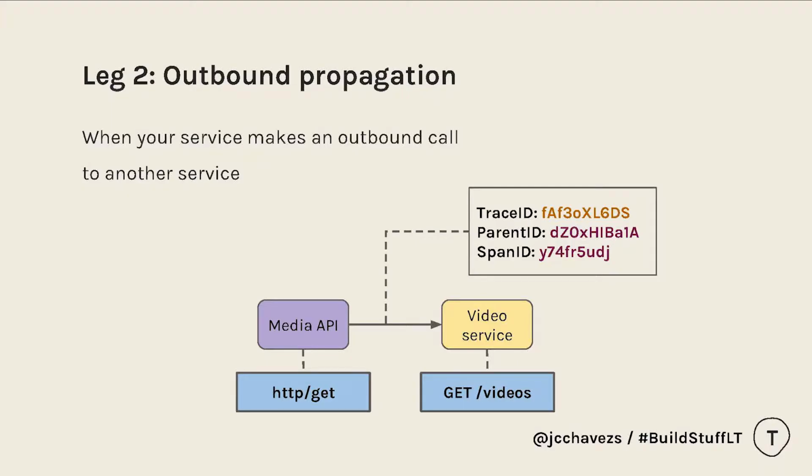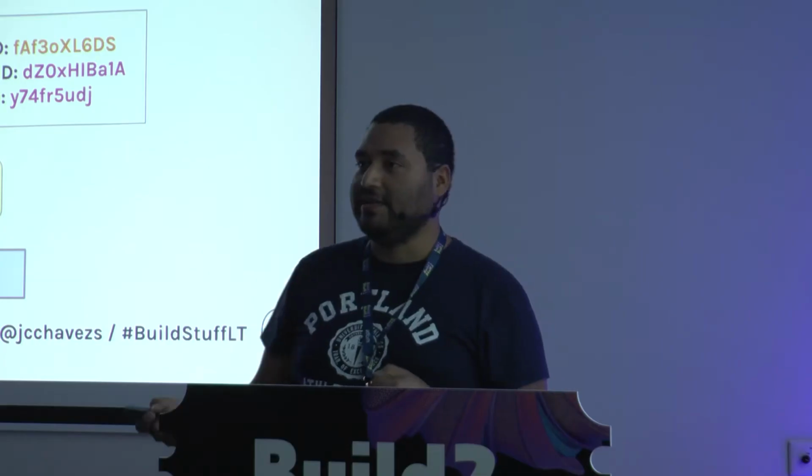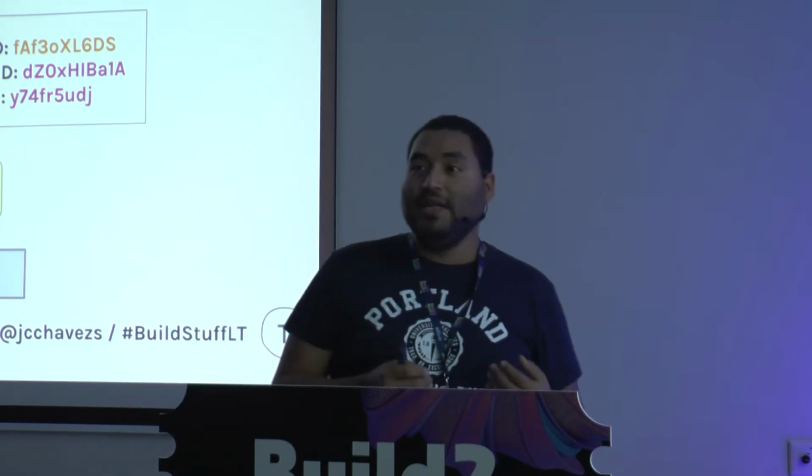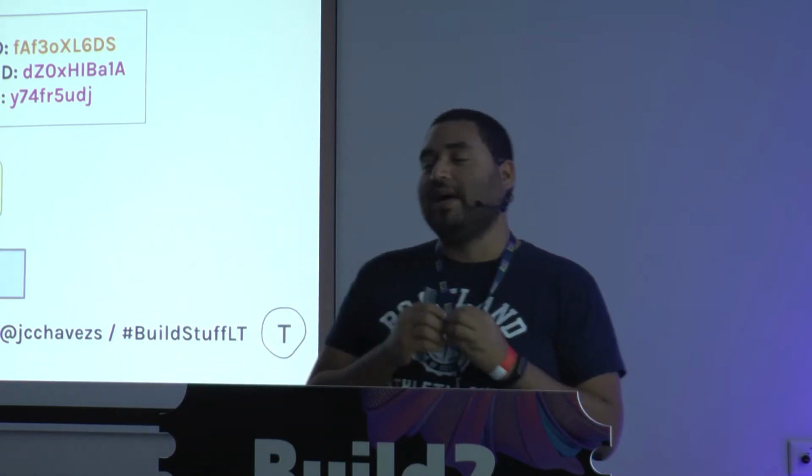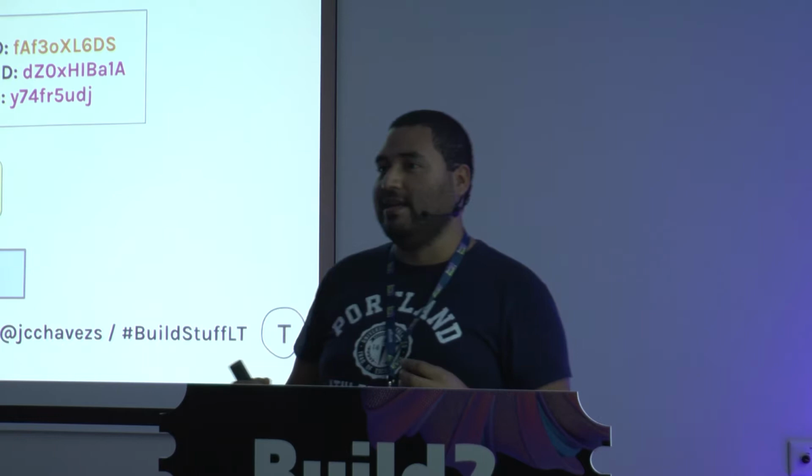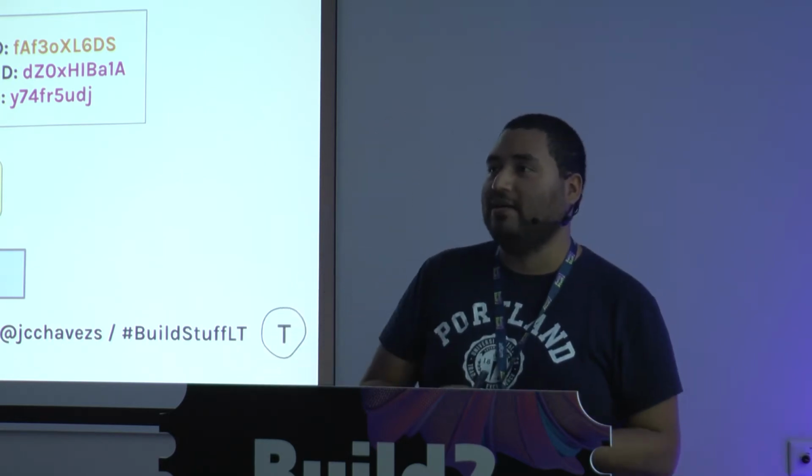And the second leg is outbound propagation, which is when a service is doing a request to another service, right? So in this case, we have the media API that will request the video service. For that, the media API has to propagate the context, right? Saying, okay, this request is part of this trace.